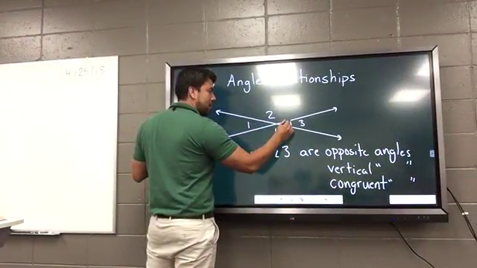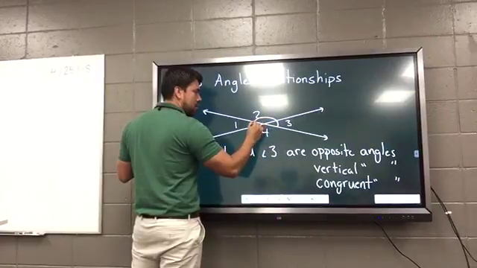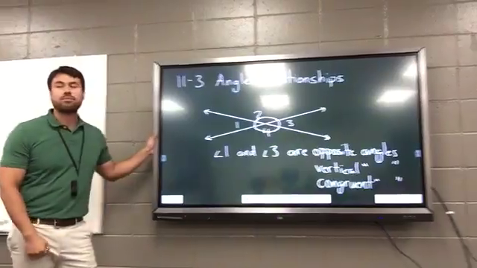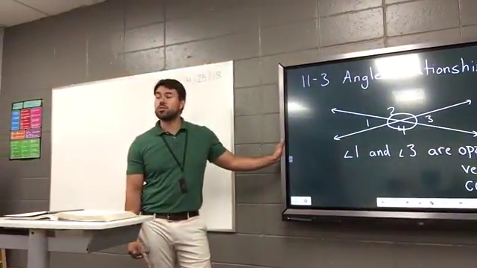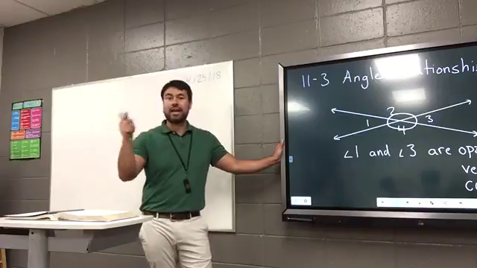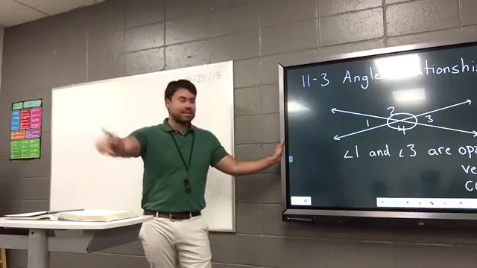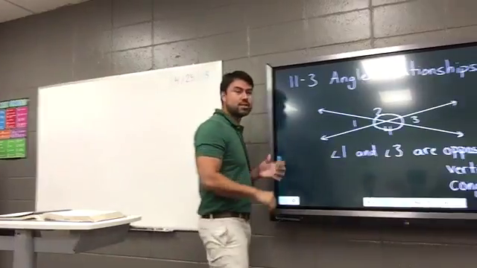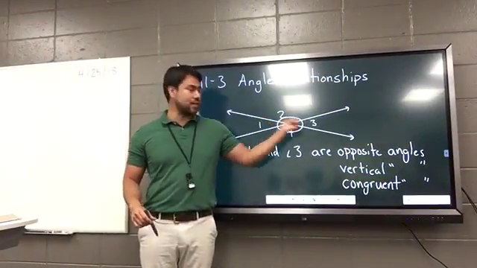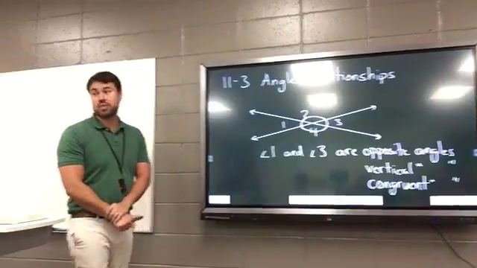If I went from here, one angle, another angle, third angle, fourth angle, what shape do I form? A circle. So what do I know about angle 1 plus angle 2 plus angle 3 plus angle 4? It has to add up to be 360, which is a circle. 360 degrees in a circle, right? That's one fact you know now of these two intersecting lines and their four angles.